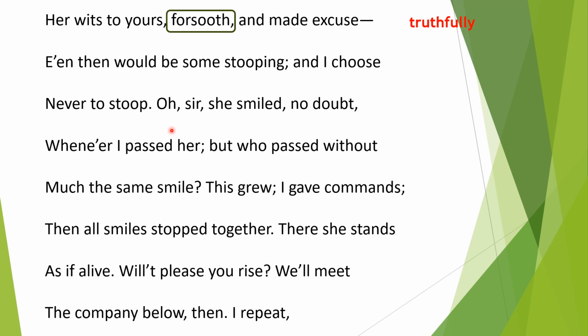"Oh, sir, she smiled, no doubt, whenever I passed her." Whenever she looked at me, she smiled. "But who passed without much the same smile?" Whoever passed by her received the same smile. So there is no difference between the smile she gives to me and the smile she gives to others. "This grew," because it never stopped.